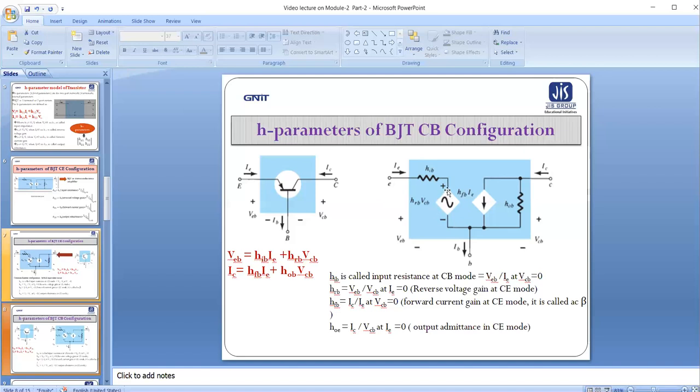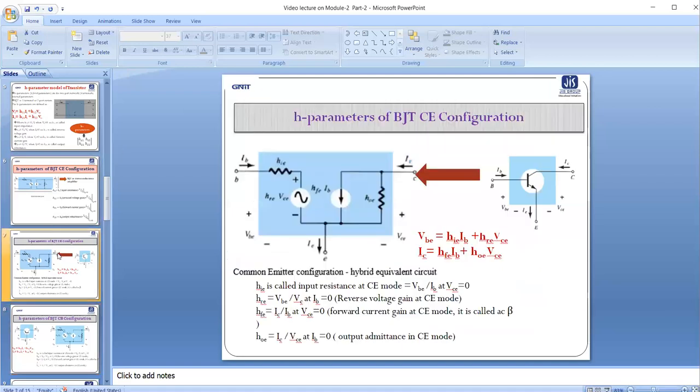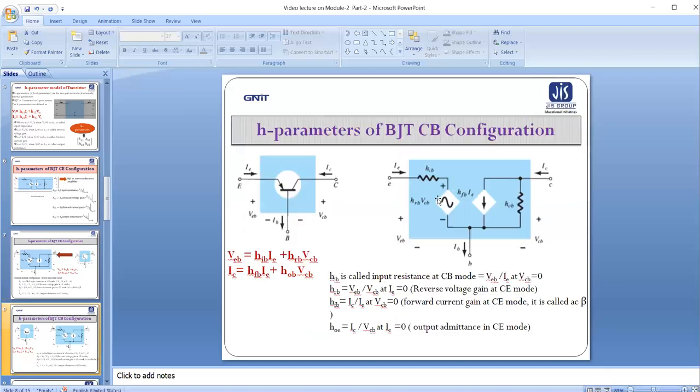There is no chance of confusion, because in the previous case we symbolized it with a circle, but now there is a rhombus-like structure, but the same thing happens. Actually this is the basic symbol for the dependent source, so its symbol will be HRB VCB. This is the current source symbol, whose designation will be HFB into IE.